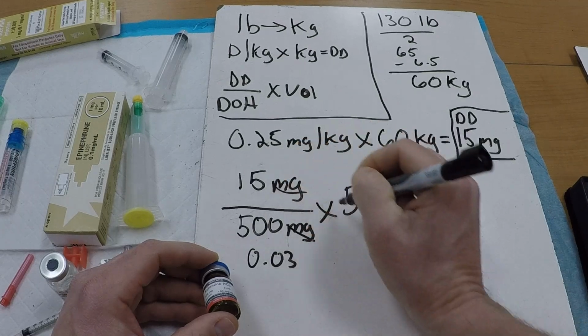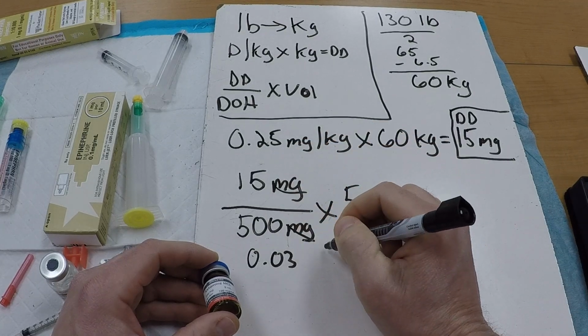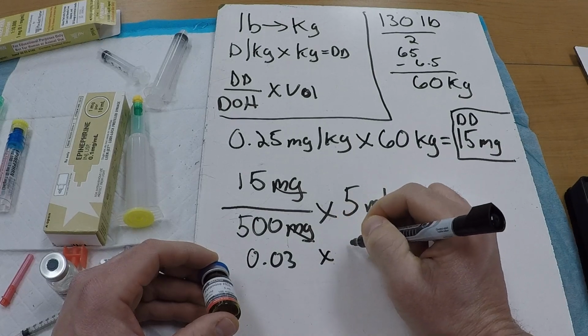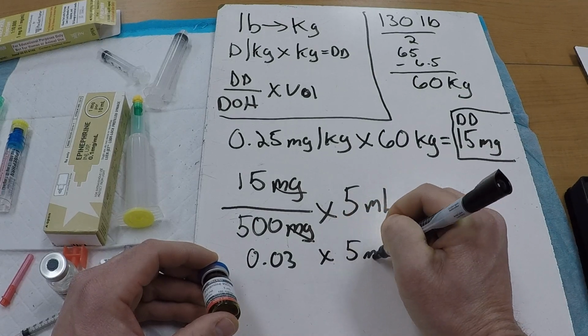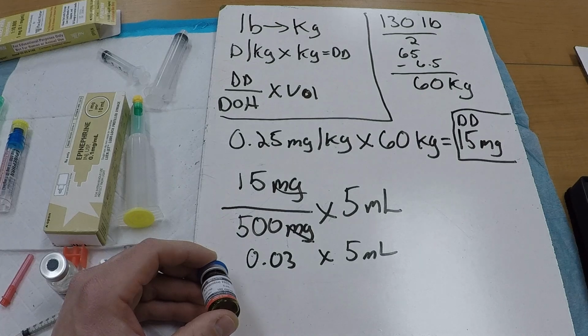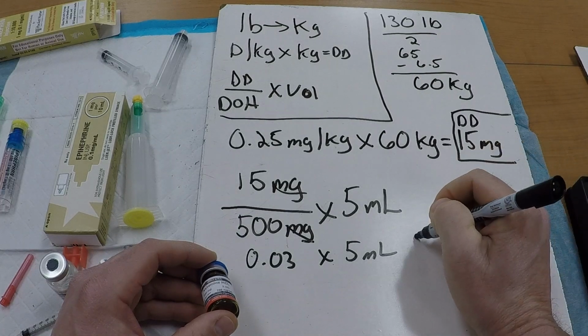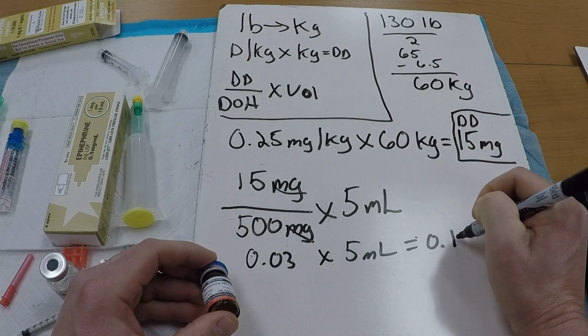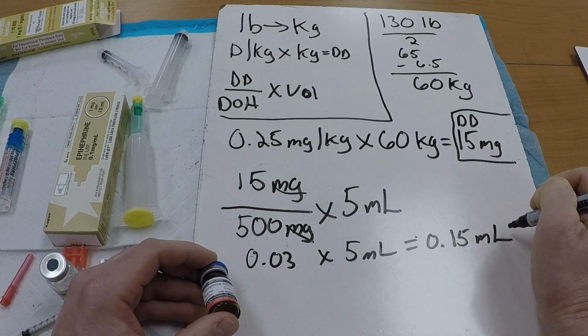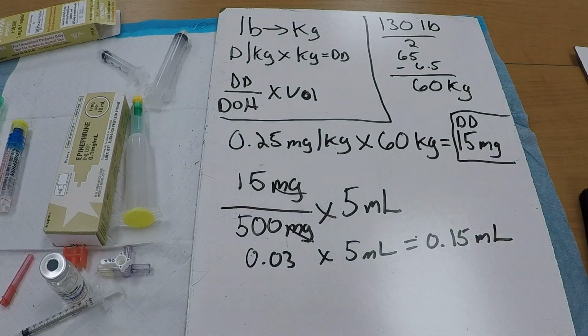These cancel out, these cancel out. 0.03 times 5, and that equals 0.15 milliliters.